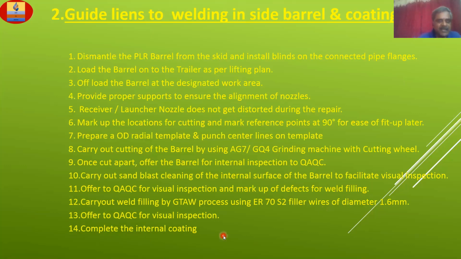Once inspection is completed, next activity is completing the internal coating, cleaning and internal coating. Internal coating inspection to be carried out by inspection team. QAQC will clear for further fit up of barrel or pups.